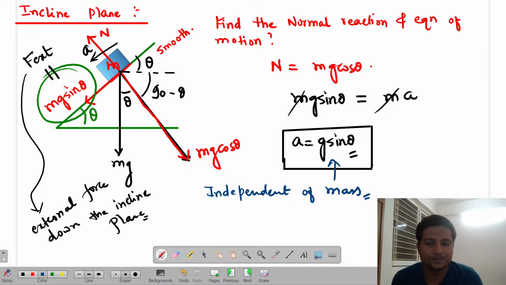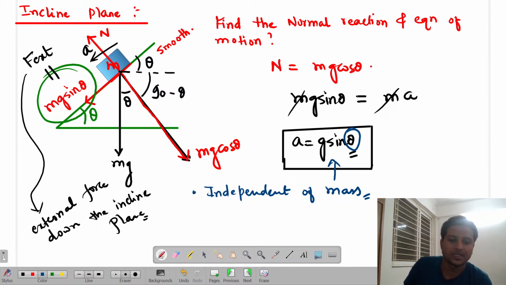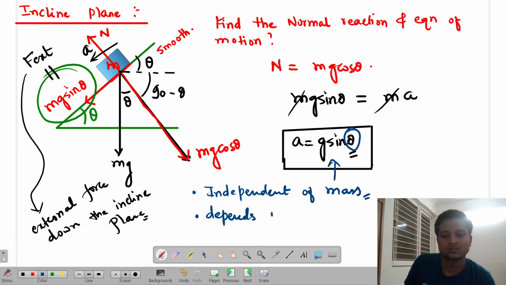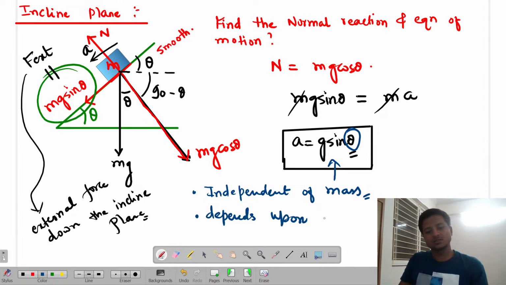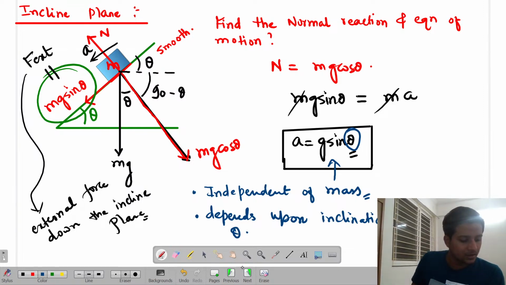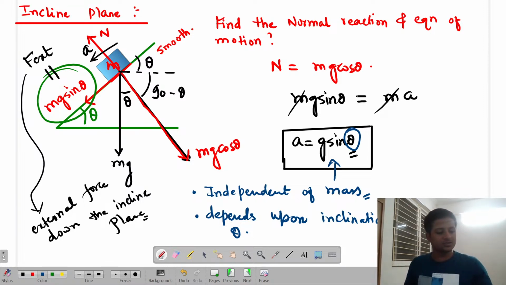It just depends upon this inclination theta. This acceleration is independent of mass but depends upon what? Inclination theta. Are you able to get me or not? So what's the meaning of that? How to understand this in a perfect way? How to bring it to a conclusion?